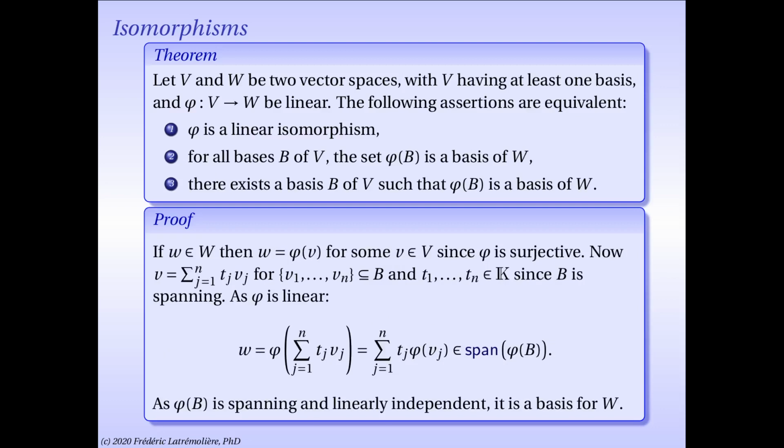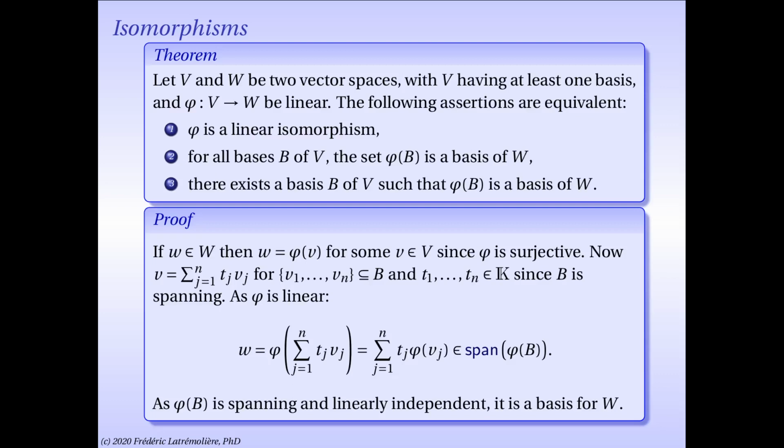Then I want to prove that phi of B is spanning. So let omega be in W. Then omega must be phi of some V in the vector space domain of phi because phi is surjective as a linear isomorphism.